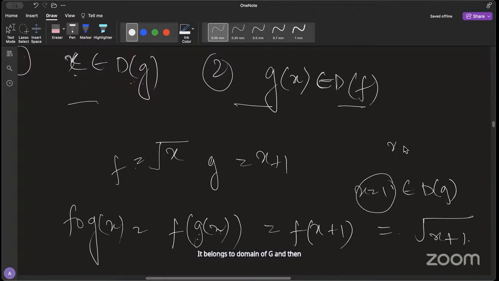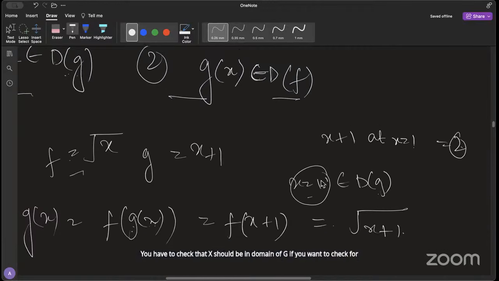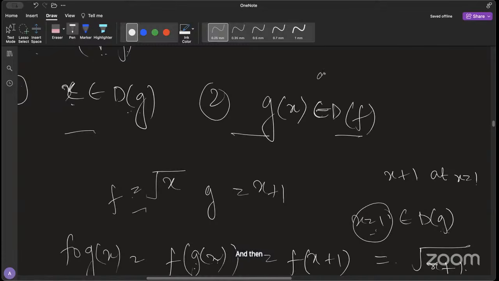And x plus 1 at x equal to 1 is 2, right? And is 2 in the domain of f? You have to check that x should be in the domain of g. If you want to check for x equal to 1, 1 should be in the domain of g, and then g of 1 should be in the domain of f.